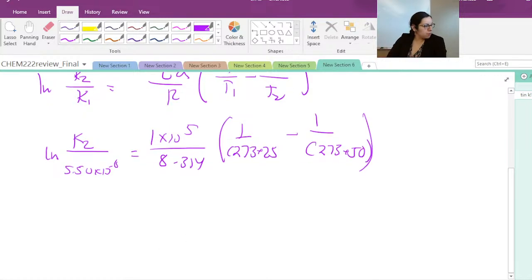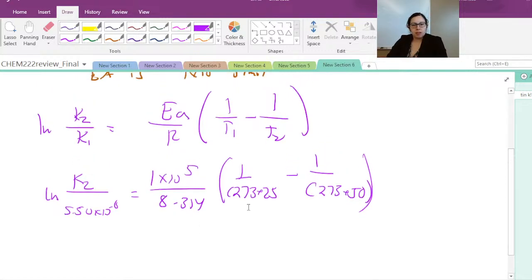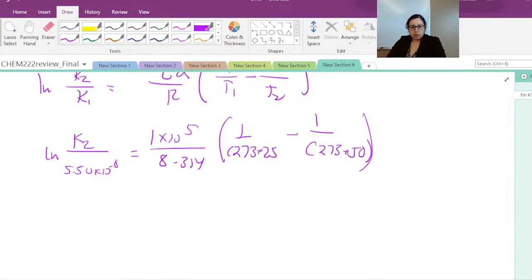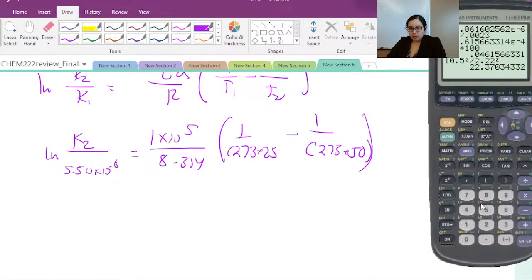All right, so what do we get for k2 once we solve this? I can also go through it too. So yeah, we're just punching it in at this point.